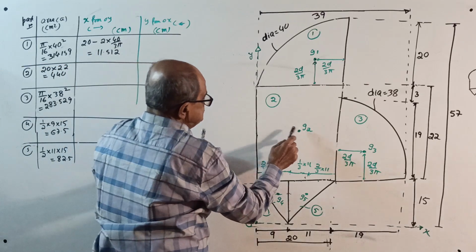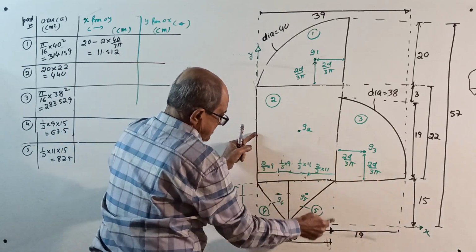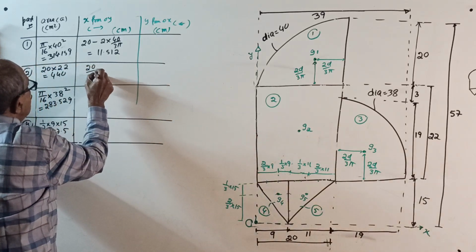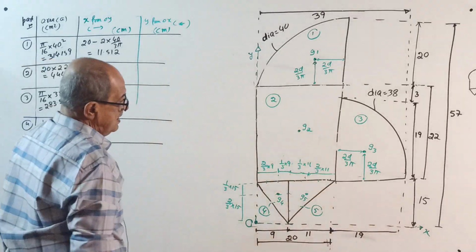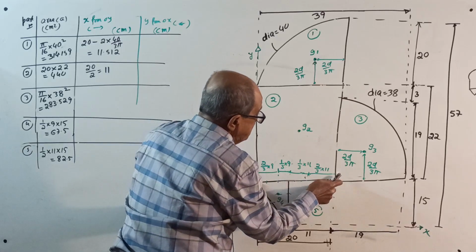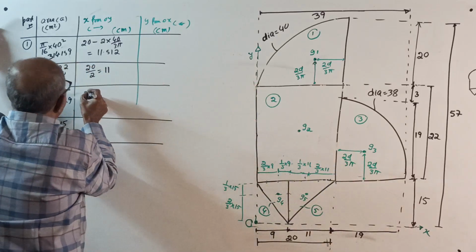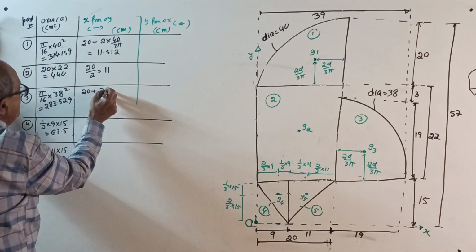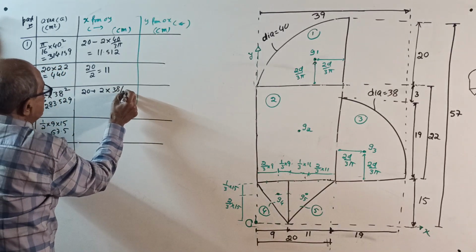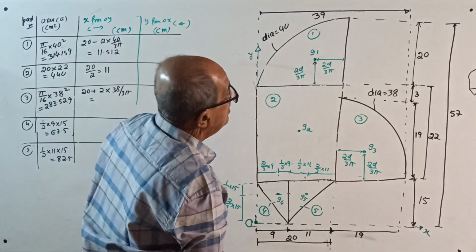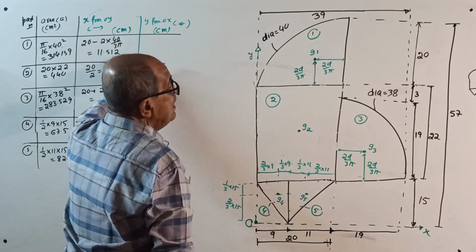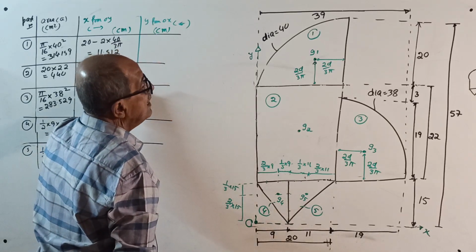Figure number 2, half of 20, 20 by 2 equals 10. Figure number 3, 20 plus 2d by 3 pi, 20 plus 2 into diameter 38 divided by 3 pi.